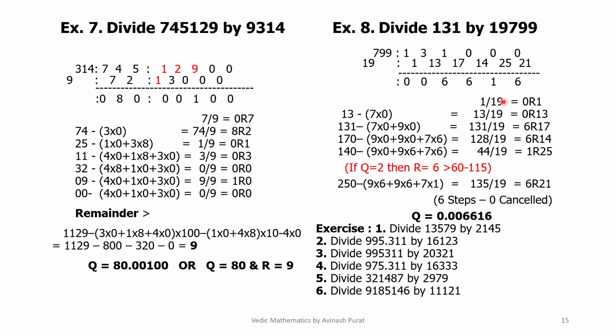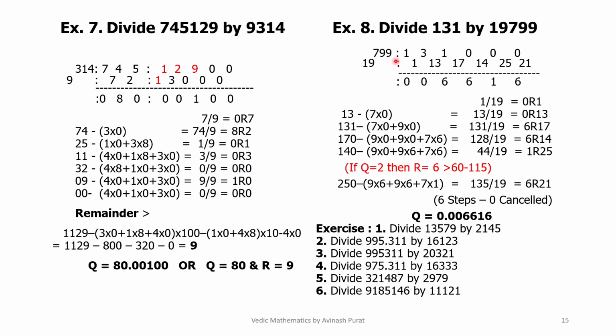Now 1 divided by 19 is 0 and 1 is the remainder. 13 minus 7 into 0 equal to 13 divided by 19, again 0 and remainder 13. So 131 minus 7 into 0, 9 into 0, that is 131 divided by 19 equal to 6 and the remainder is 17.